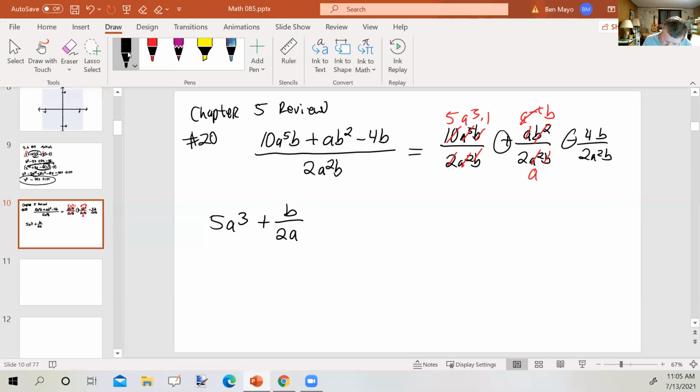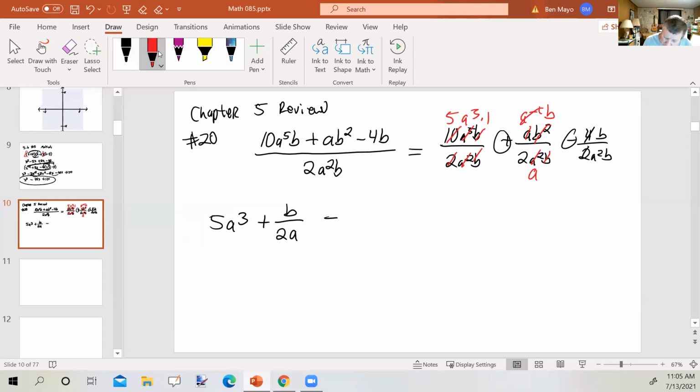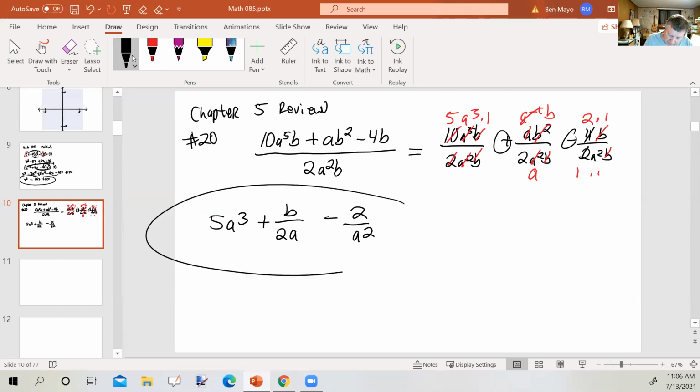And then minus 4 over 2 is 2 over 1. A squared on the bottom stays a squared on the bottom. B over b is just a 1. So we end up with minus 2 over a squared. All right, and that is the correct answer.